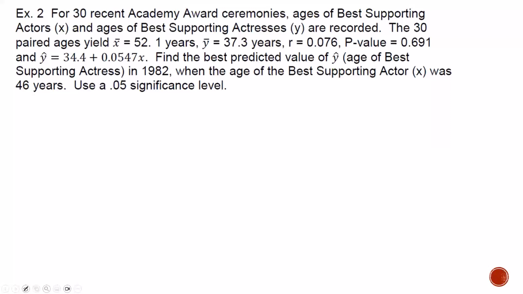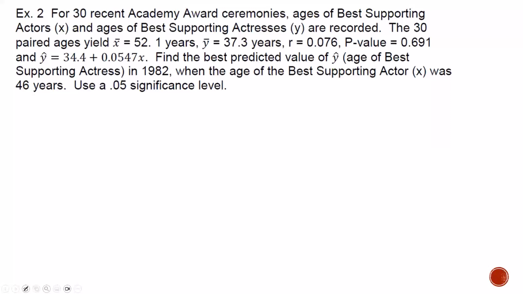I mean, people might say, I don't know why there has to be one of each. That seems a little old school to me, but that's the way it is, okay? And of course, also old school is that the actresses who win the award are younger, right? Whatever.